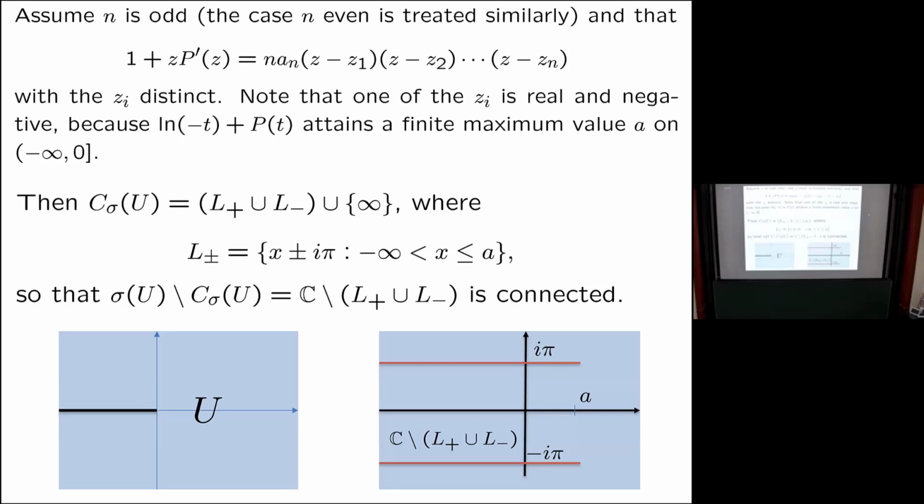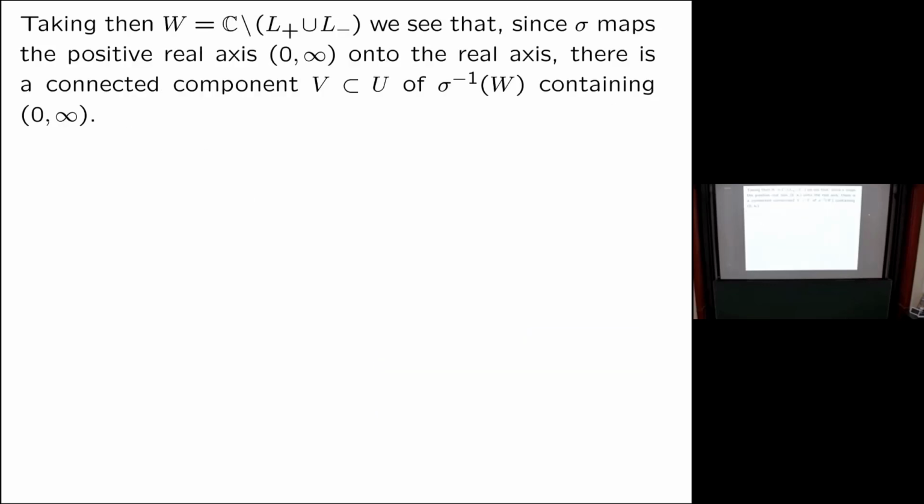So here is some. So now the cluster set turns out to be these two lines, which end up at a point A, and with imaginary values minus i pi and plus i pi. Here's U. So actually, we're going to take W to be the complement of these two ray lines, and sigma maps the positive real axis onto the real axis.